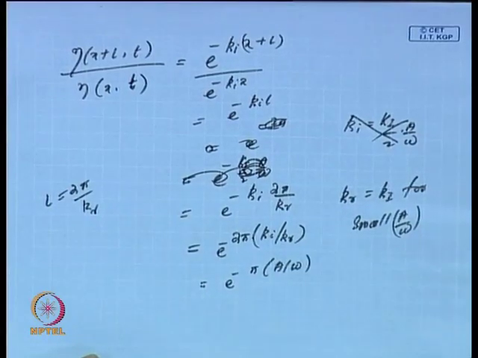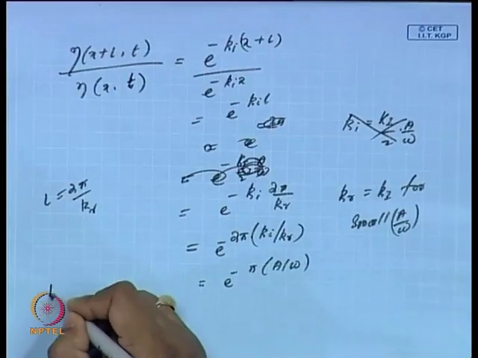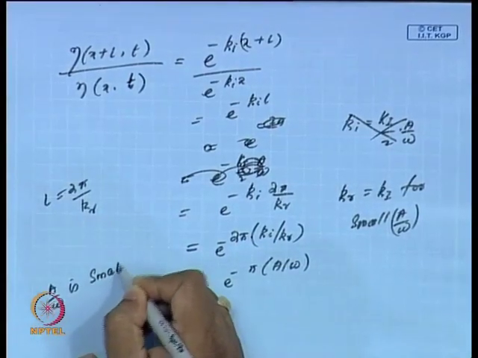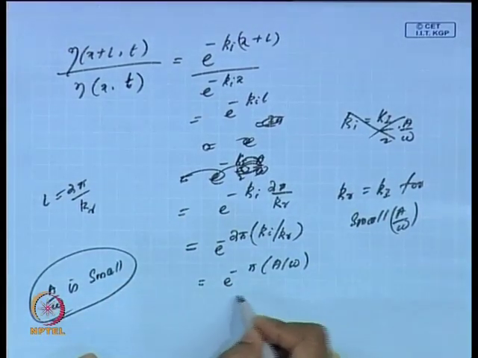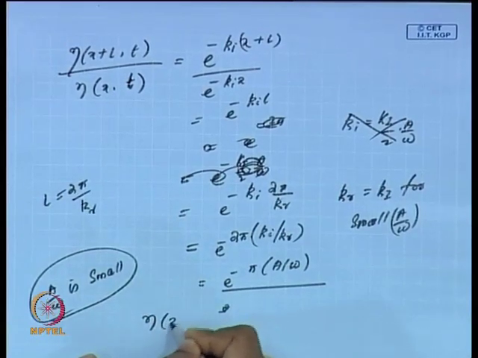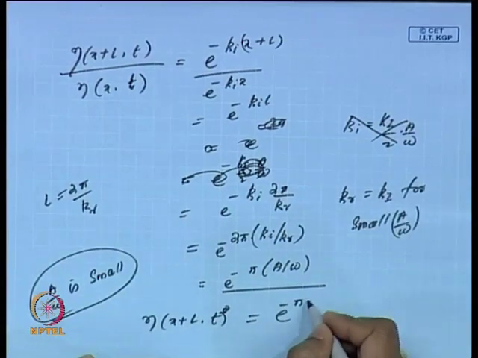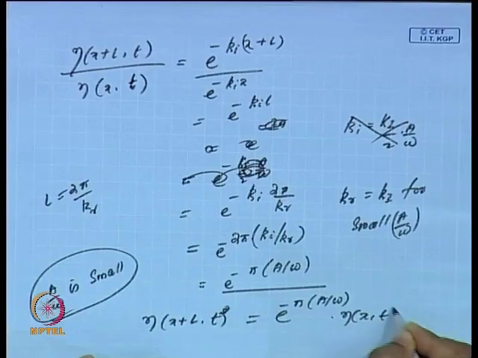Once this is there, then again in a similar manner we will see that when a by omega is small, this quantity will be a very small quantity. So, then what will happen to eta at x plus L, t, that will be e to the minus pi into a by omega into eta at x, t.